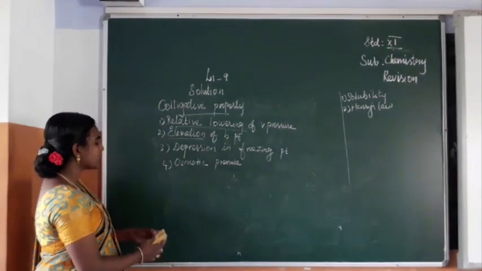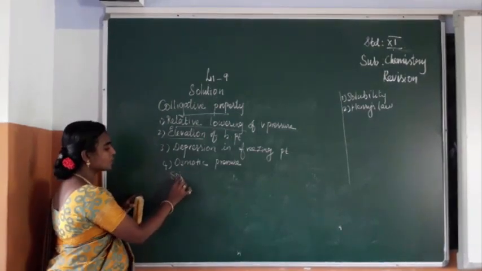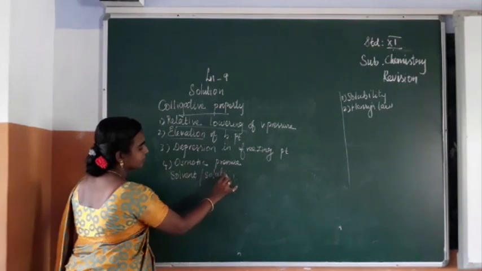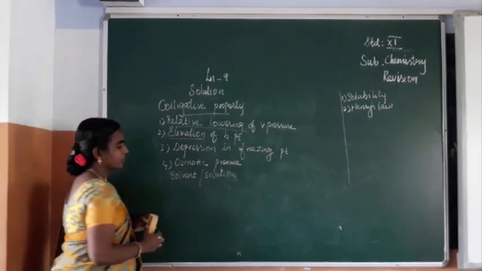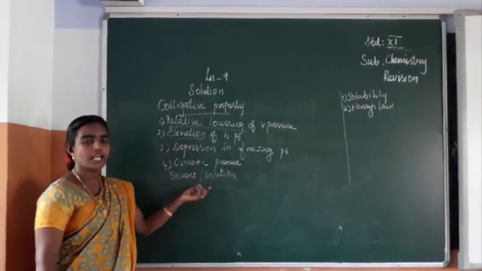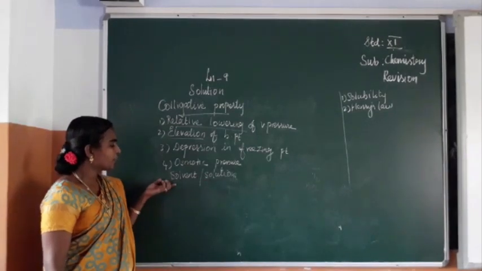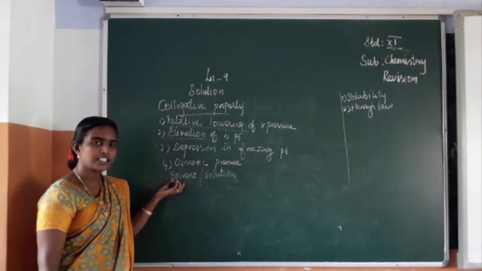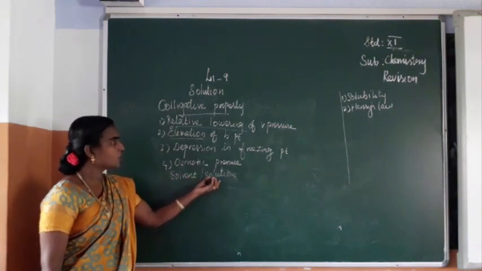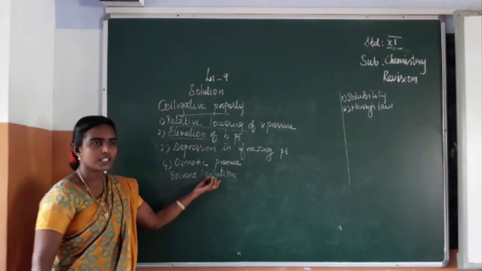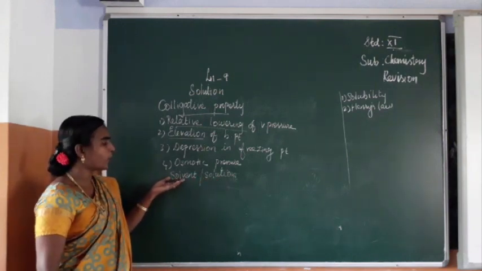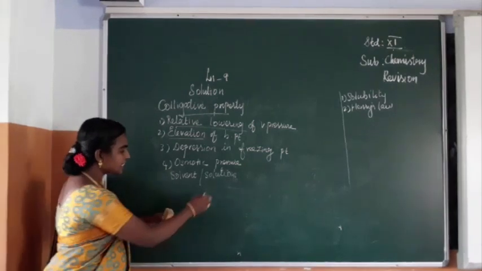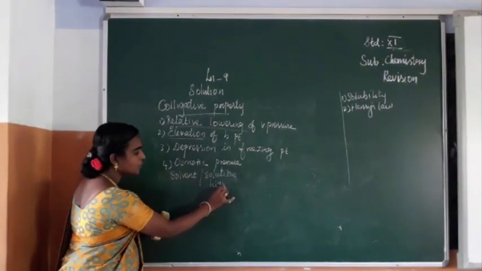When you consider this two, the vapor pressure of the solution is lower, but the solvent's vapor pressure is more, isn't it? So the boiling point of the solution is more than that of the solvent. Okay. So which is high? Boiling point of the solution is high.